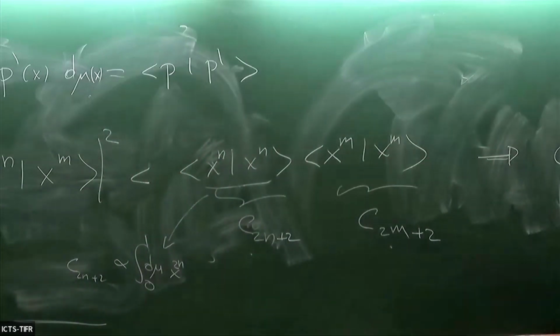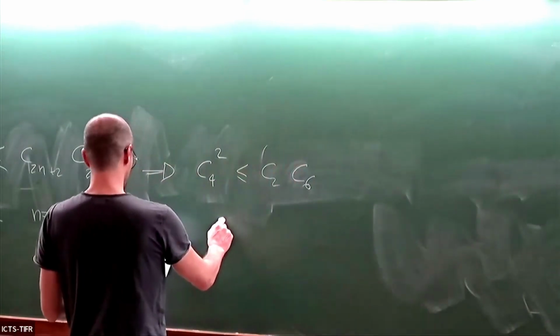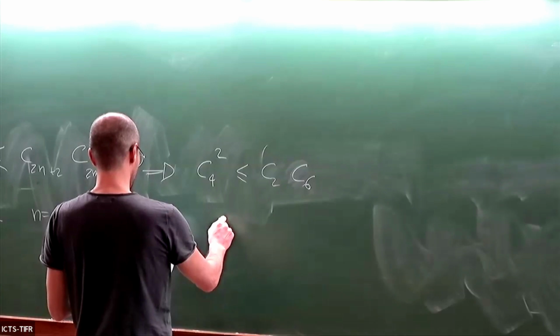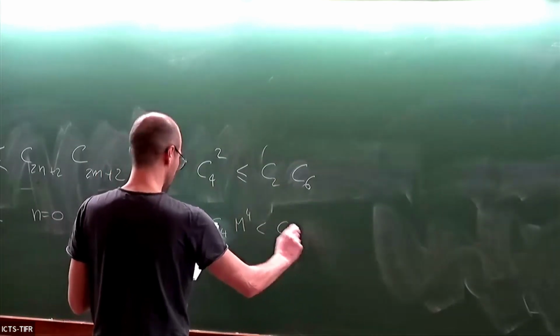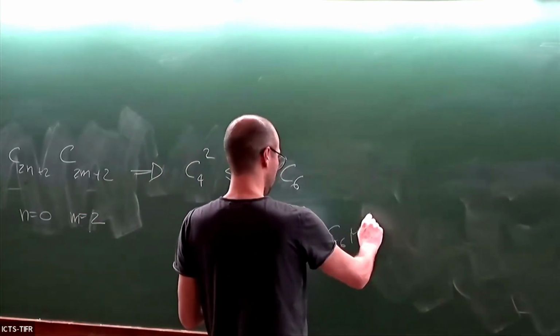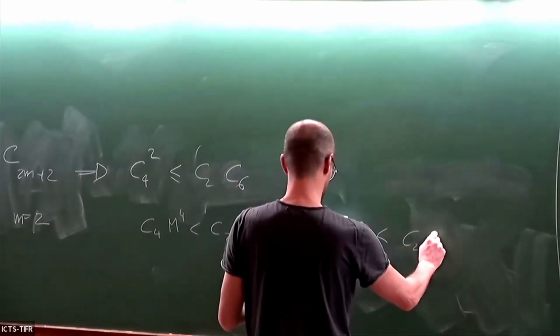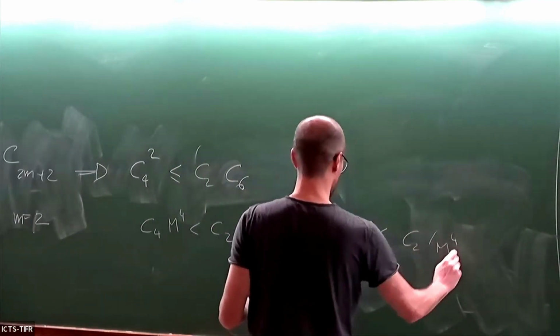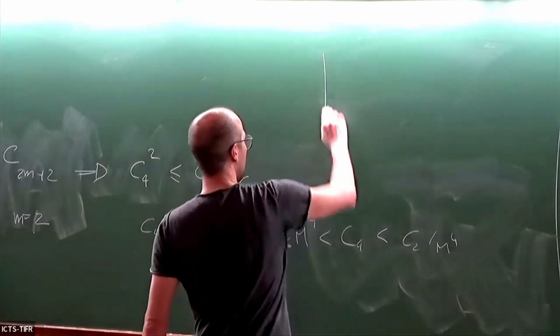So this, together with the monotonicity that we established before, which was C4 m^4 less than C2, C6 m^4 less than C4, less than C2 over m^4, draws the following allowed region.